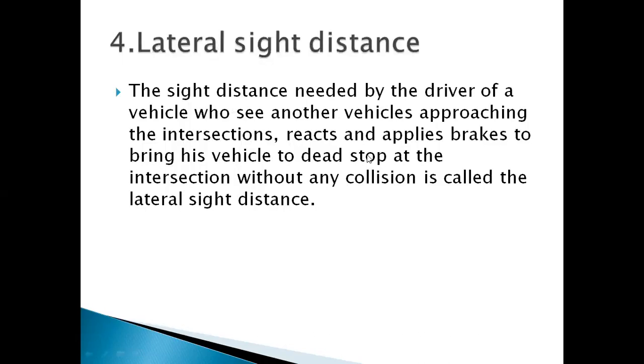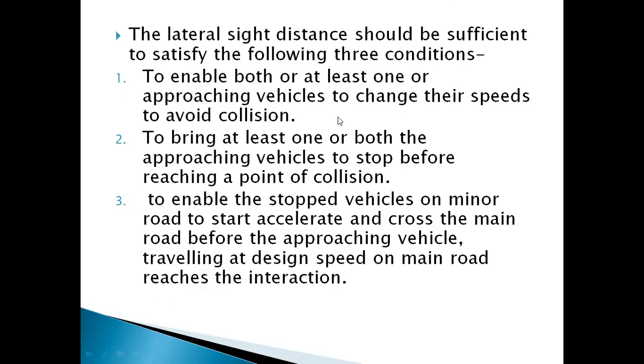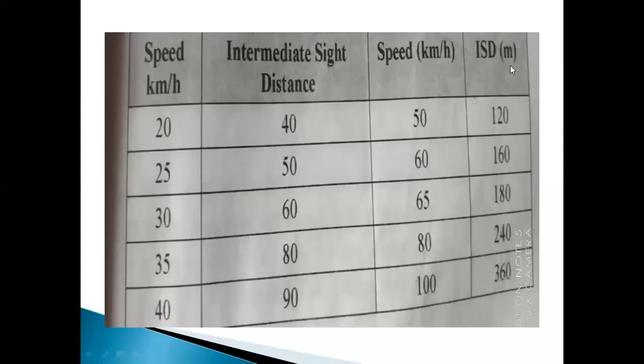Now see the values of intermediate sight distance. When the speed of vehicle is 20 km per hour, the intermediate sight distance is 40 meter. When the speed is 25 km per hour, it is 50 meter.